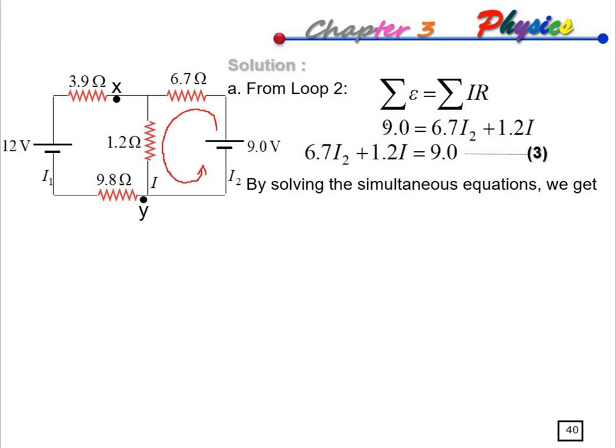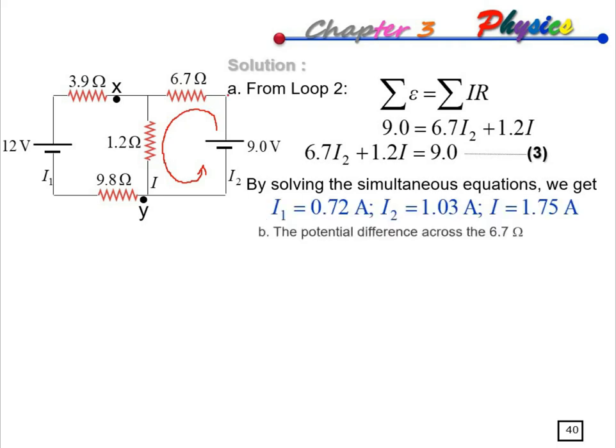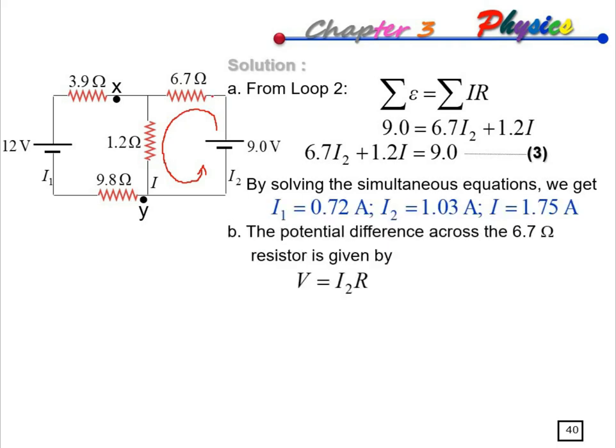So we have 9.0 equals 6.7 I2 plus 1.2 I. So now we have the equation for the second loop: 6.7 I2 plus 1.2 I equals 9.0.